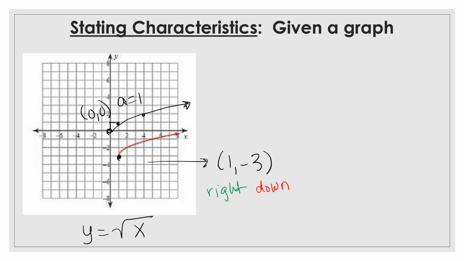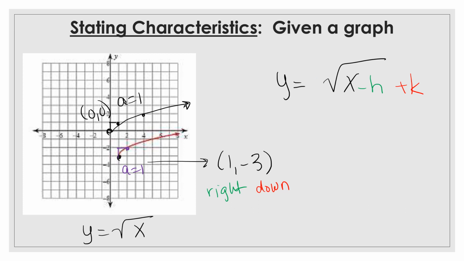We're going to check our a value. So if I travel up 1 to the right 1, that's our same a value. So writing the equation for this one, y equals my a value, which is 1, times the square root of x minus h, which will be 1, and then plus k, which will be -3.